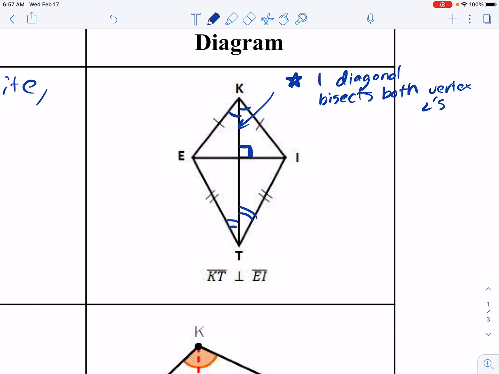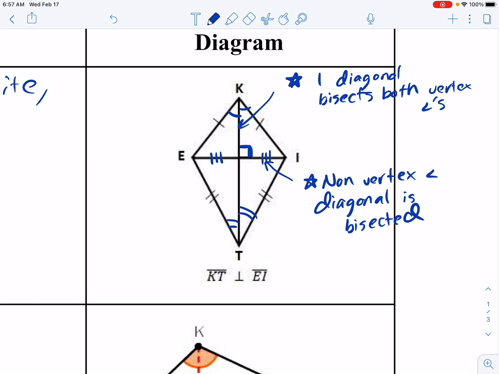And then this diagonal also bisects the other diagonal. So the non-vertex angle diagonal is bisected. Which means this half is congruent to this half.